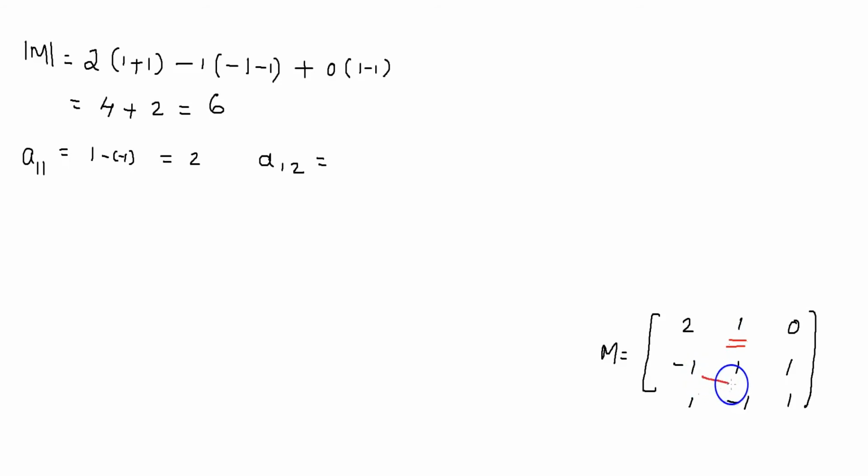Here the minor of A12 is minus 1, 1, 1, 1. After cross multiplying the minus we get the cofactor A12 as minus of minus 1, which is equal to 2. Cofactor of A13.